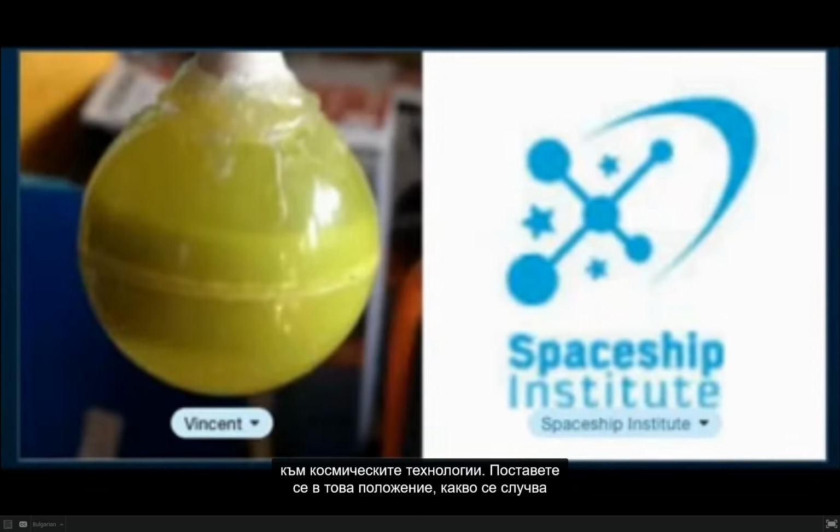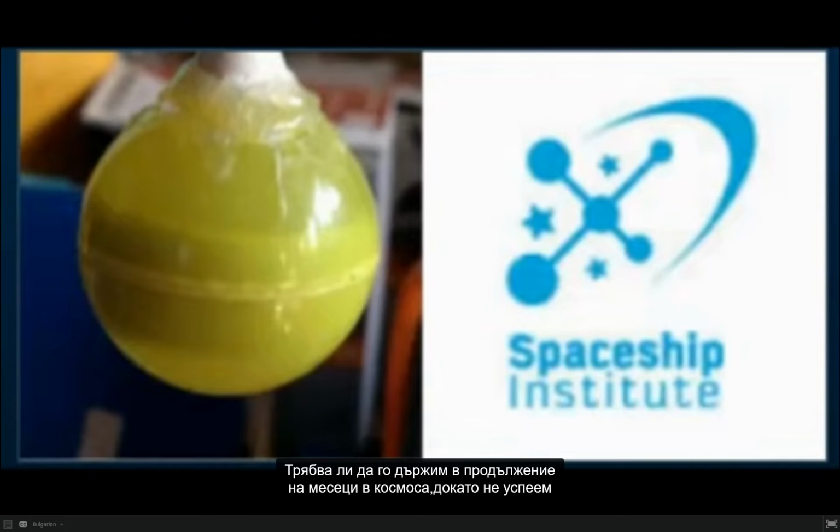Put yourself in this position. What happens if one of the astronauts in the space lab today has a heart attack or a stroke? Do we have to keep him for months in space till we can bring him back? The more people we put in space, the higher the number of possibilities multiplies.